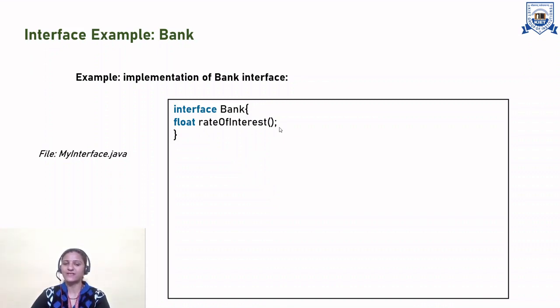We declared a method and didn't provide any body, any action to be performed by this method. It is abstract by default as it is declared inside an interface. So this method is automatically abstract, meaning it will be defined within another class.